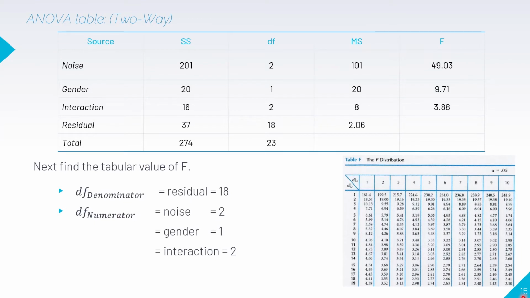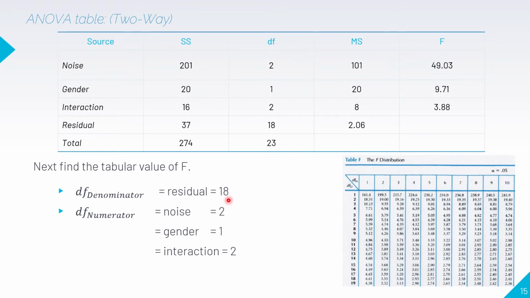Now that we have our F ratios, let's find our tabular value of F. We have here our F table. Let's find the F denominator, which is the residual, our 18. And our numerator, since we are comparing 3 effects, noise is equal to 2, gender 1, interaction 2.